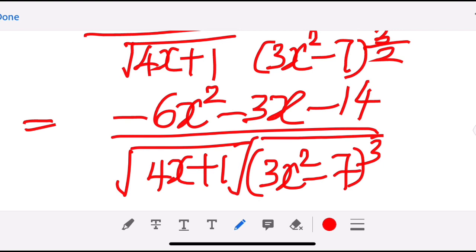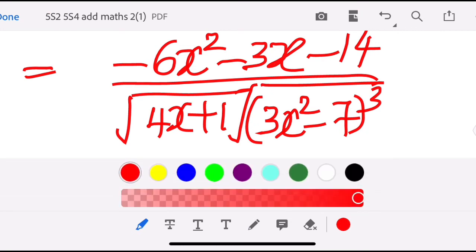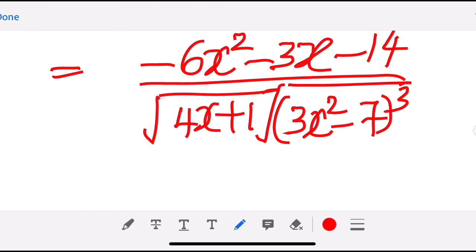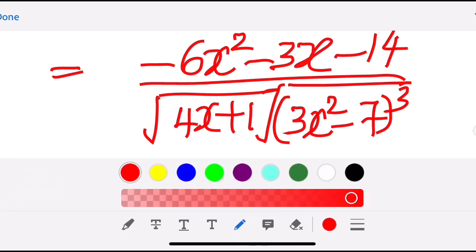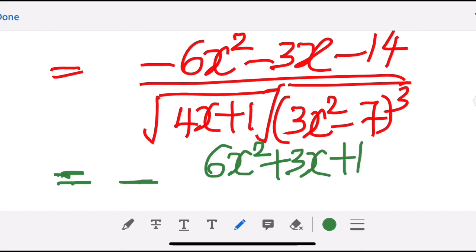Alright, so it looks very complicated, right? To make it much simpler, we factorize the negative. So let's write down the negative properly: negative (6x squared plus 3x plus 14).